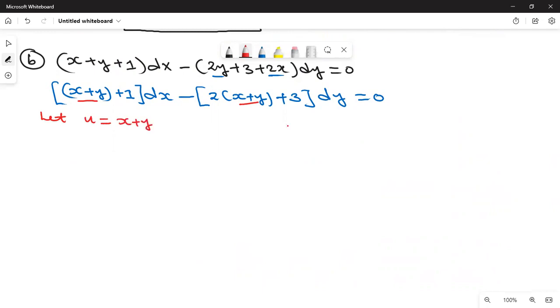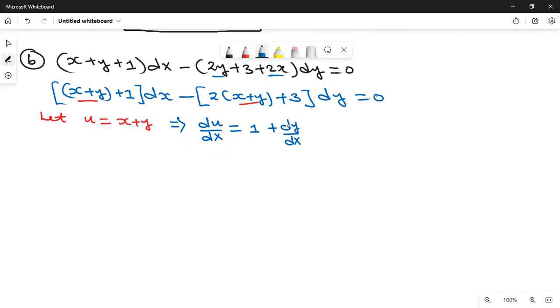So where this x plus y is, we are going to write u. This means that du/dx is equal to 1 plus dy/dx, differentiating both sides with respect to x.